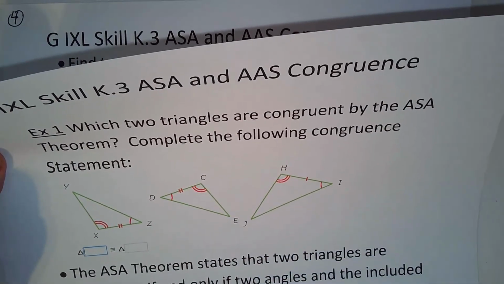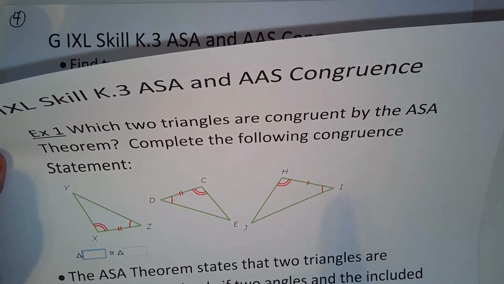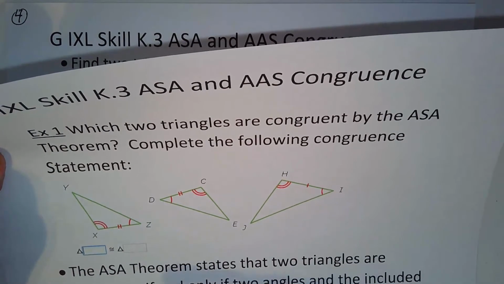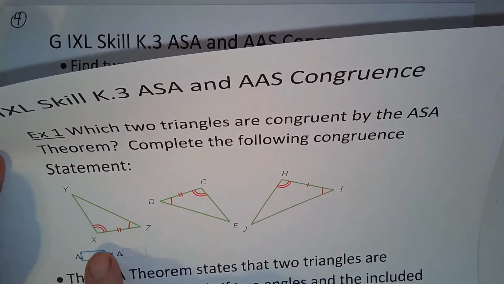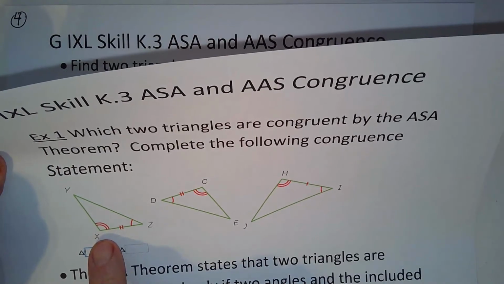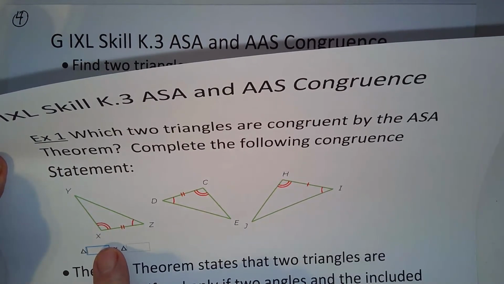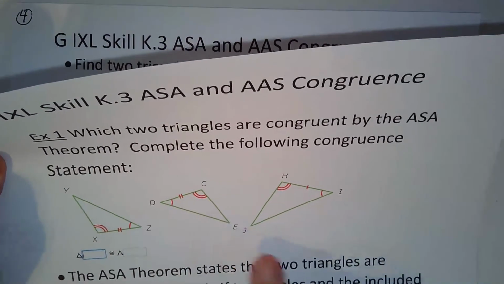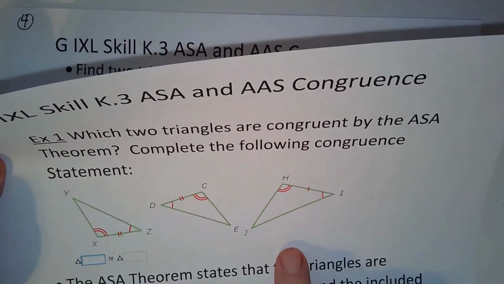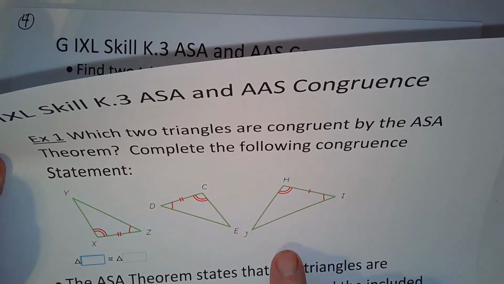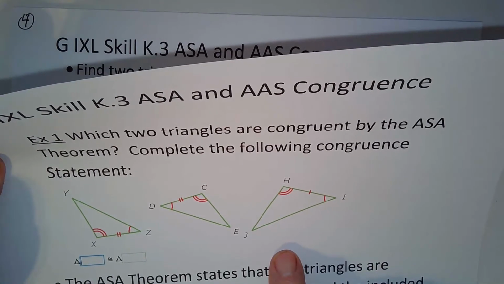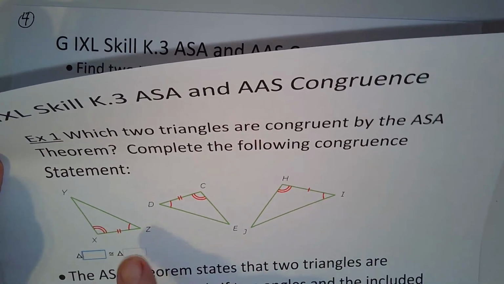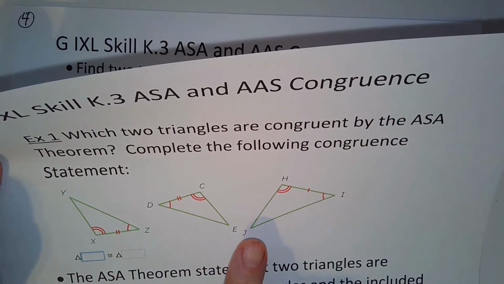So from that standpoint, they appear to be congruent. So let's look for corresponding parts. We have an angle X with 2 arcs, an angle C with 2 arcs, and an angle H with 2 arcs. Those all appear to be the obtuse angle in each of these triangles, so they're definitely corresponding angles.